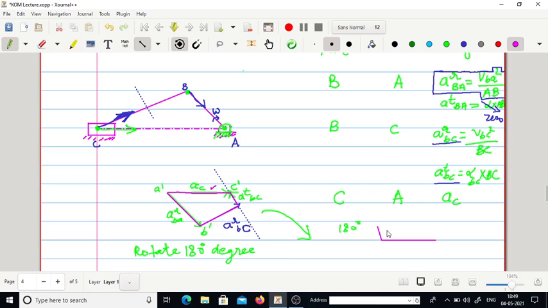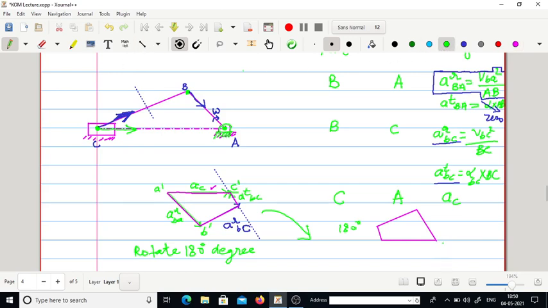Then from it we have the radial component of B with respect to C. Then we will try to draw it like this, and then we have this radial component of B with respect to A. So we will connect it here. So if we rotate it, it will look like this.